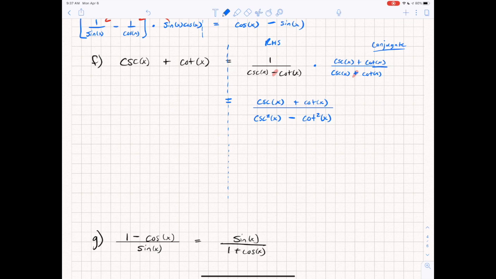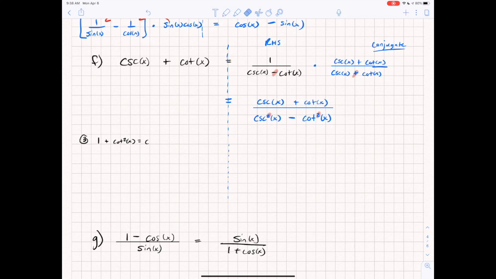Well, if I'm looking at the numerator, that is my solution, right? I get cosecant x plus cotangent x, and that's what I'm supposed to have. So what that's telling me in terms of context is I need to be able to get rid of this somehow, or this simplifies away. So notice that both terms here are squared, so I could use my Pythagorean identity. According to the third Pythagorean identity, I know that 1 plus cotangent squared is equal to cosecant squared.